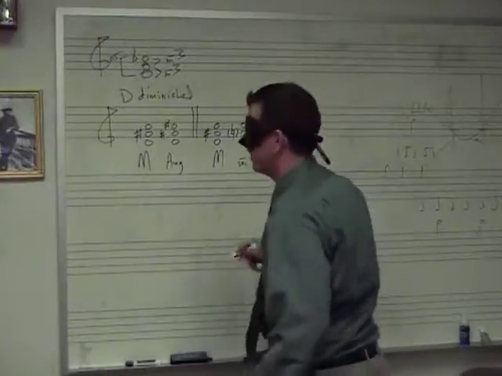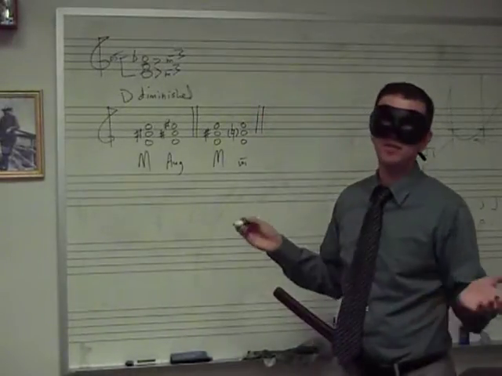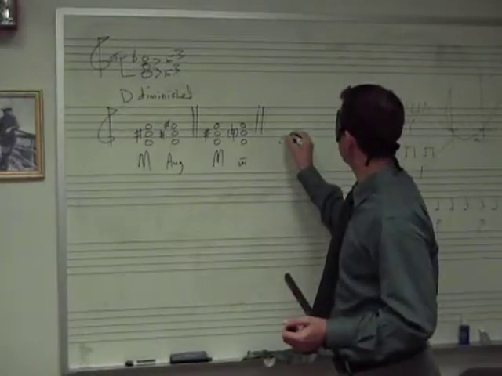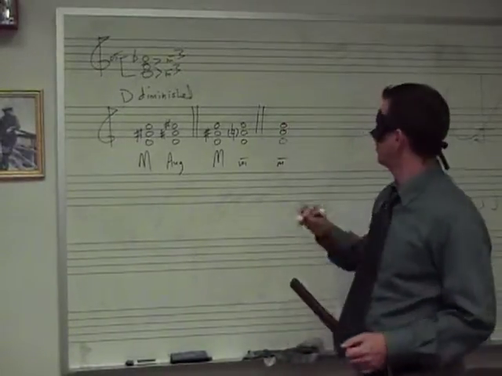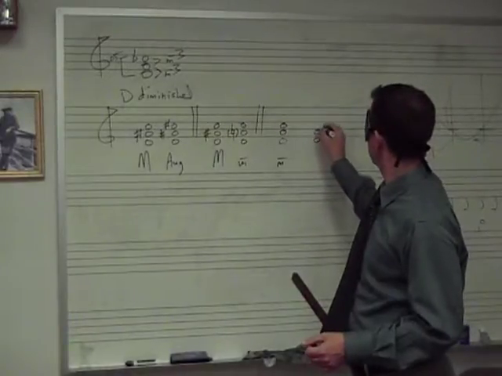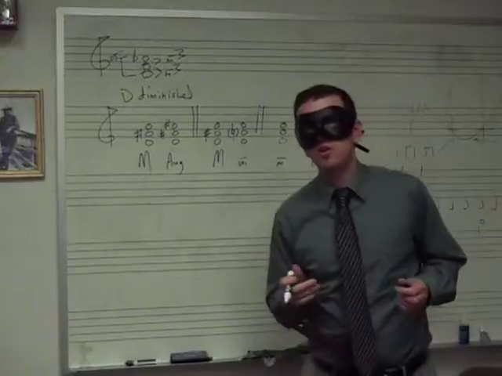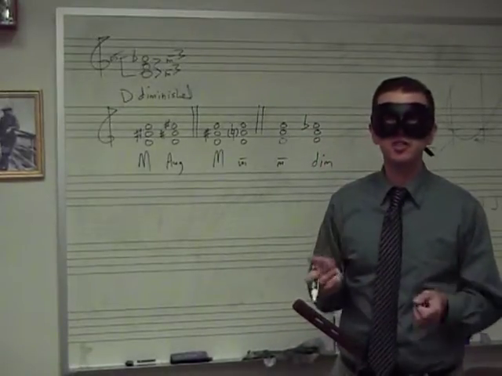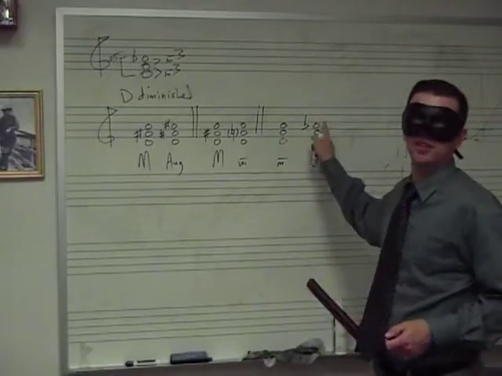All right. Now, lastly, notice that another way of thinking about diminished is if we take minor and lower the fifth, we get diminished. So you can also think of the diminished triad as being minor but with a lowered fifth.